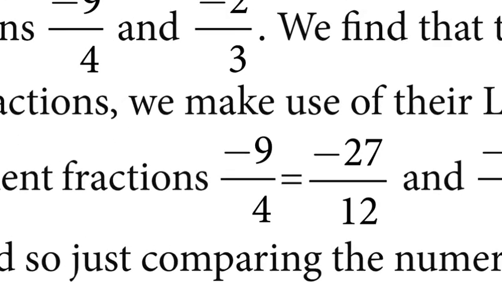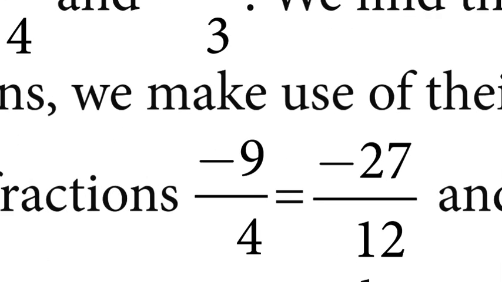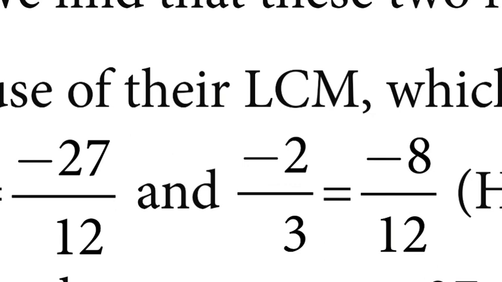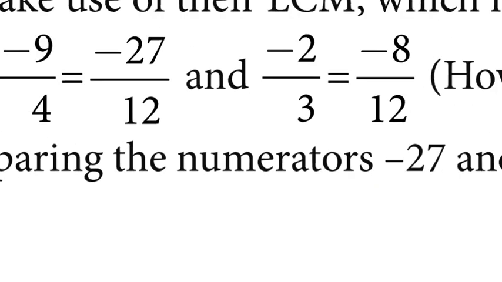First, minus 9 by 4: the denominator is 4, so multiply 3 on numerator and denominator, we get minus 27 by 12. And minus 2 by 3: the denominator is 3, so multiply 4 on numerator and denominator, we get minus 8 by 12. Now the denominators are the same, so we compare the numerators, minus 27 and minus 8.